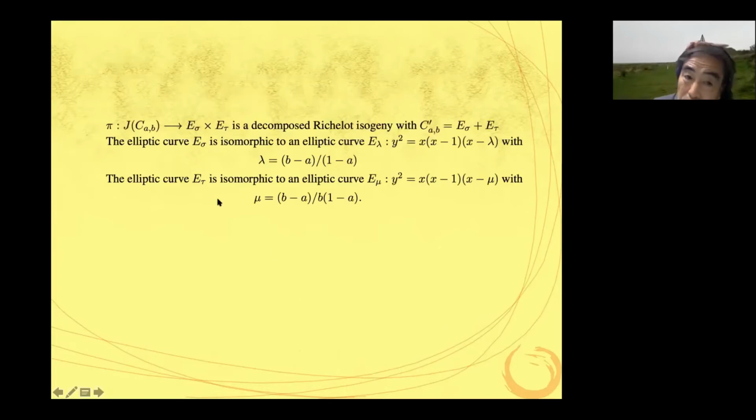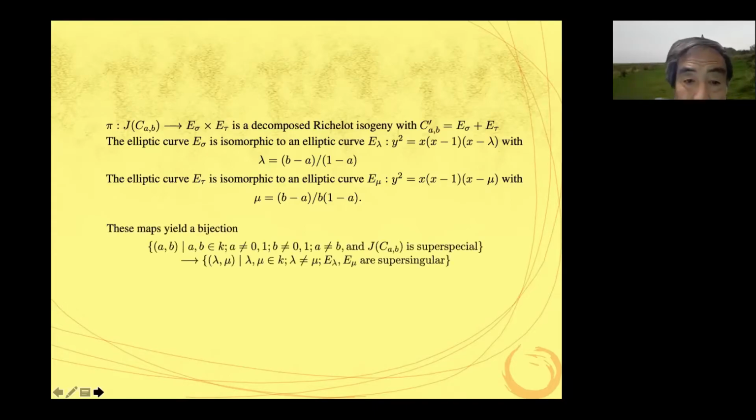And also the elliptic curve E_sigma is defined like this, with lambda. Lambda is given like this. Using A and B, lambda is described. And also E_tau is given like this. Using this function, we have a map.